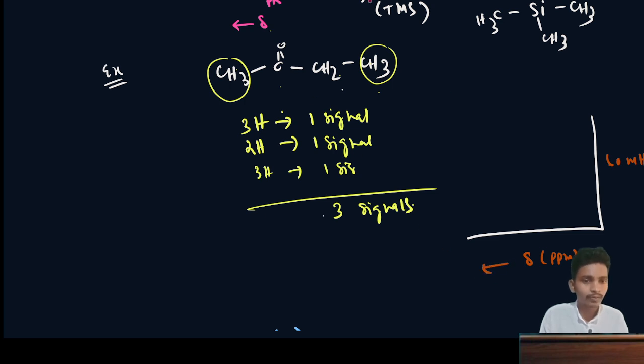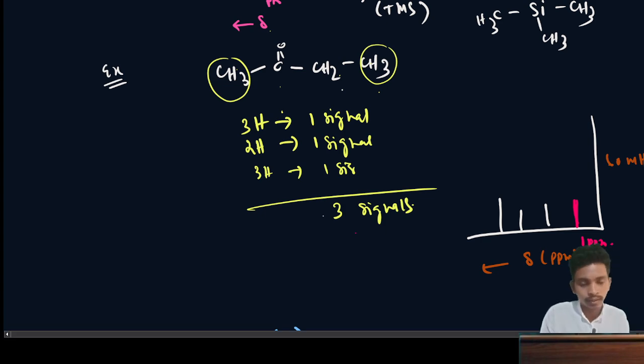First will be the reference, 1 ppm let's say. Then here we have three signals, so three signals will come like this. So if we have three signals, one will be the reference standard, and this way the positions of the signals will come.